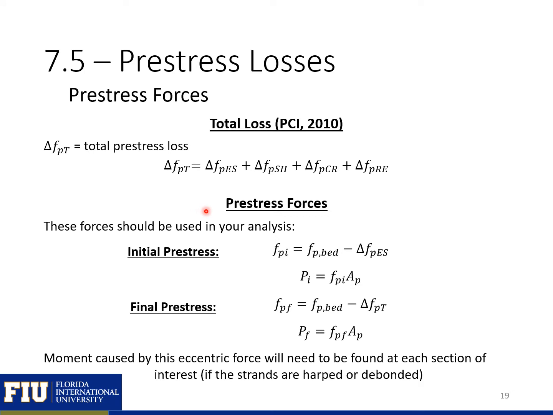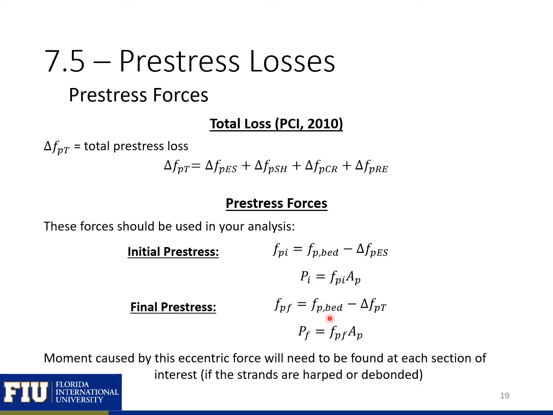We can add up all of our losses, so our elastic shortening loss, our shrinkage loss, our creep loss, and our relaxation loss to get our total pre-stress losses. And we can take the stress in our strand before transfer minus our elastic shortening to give the stress after transfer, or after elastic shortening.